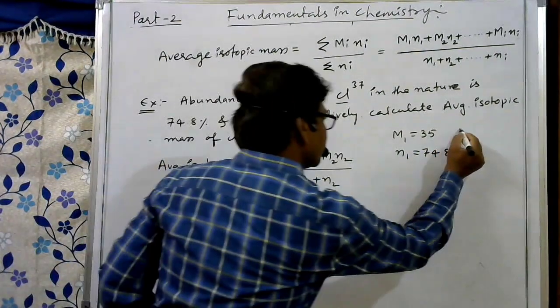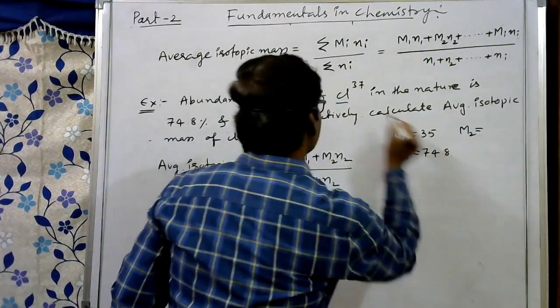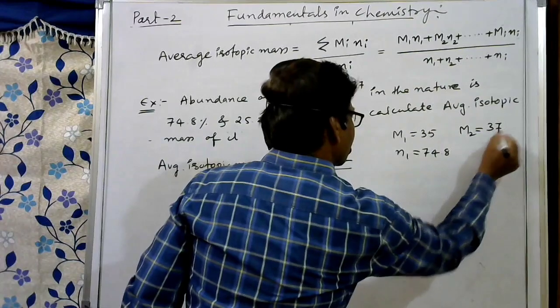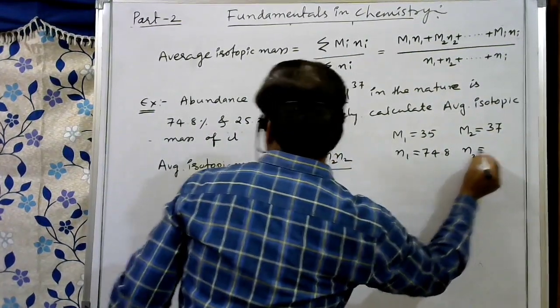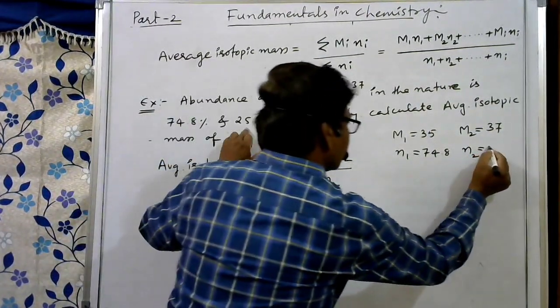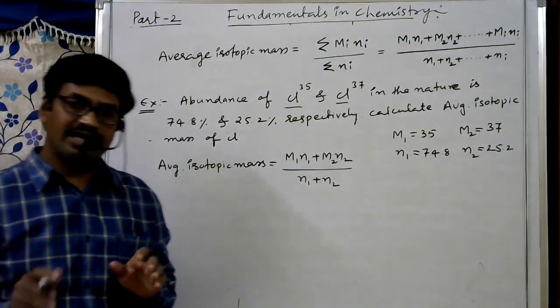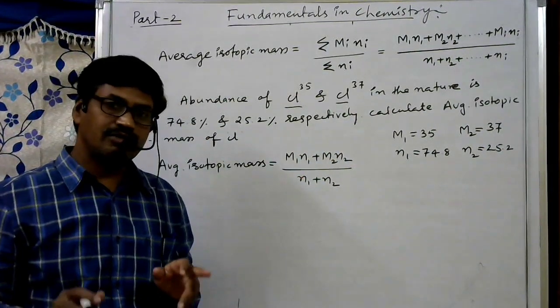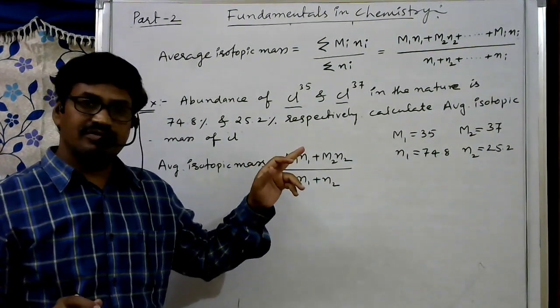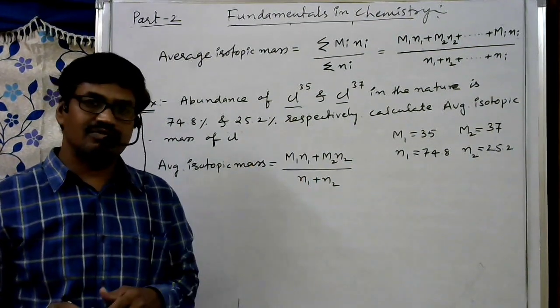Remaining, m2 is how much? m2 is 37, and with respect to this, n2 value is 25.2. That means among 100, 25.2 atoms are with respect to 37 mass.